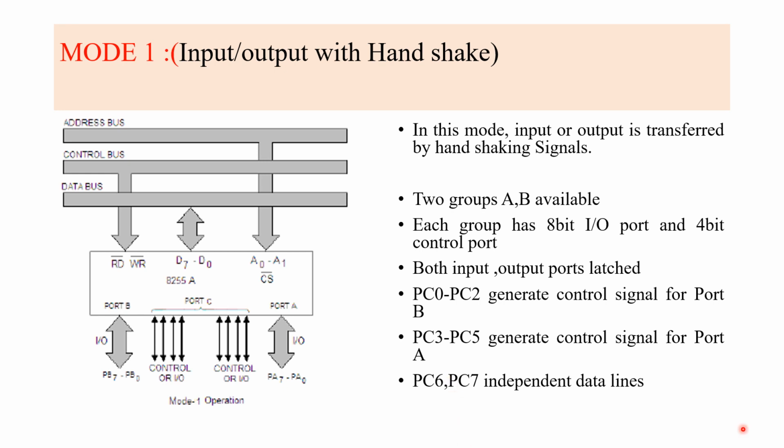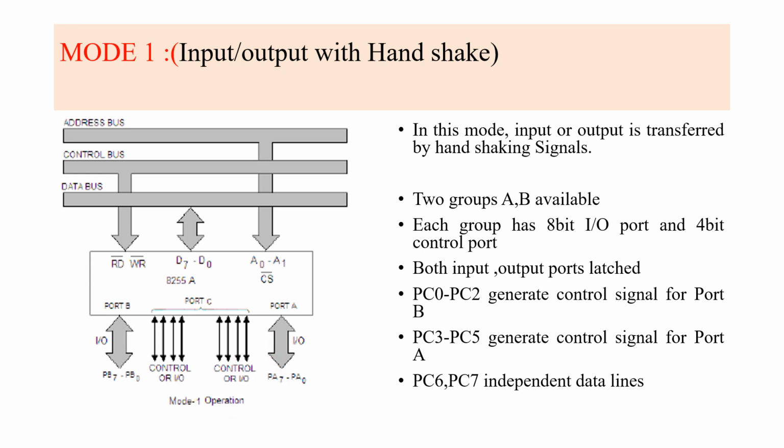So in group A and group B, we have an 8-bit input-output port along with a 4-bit control port. This is group A and this is group B. This is for input-output and this is for handshaking.